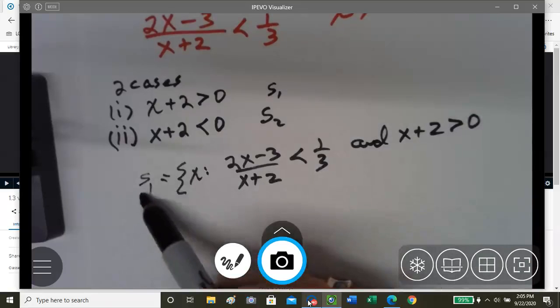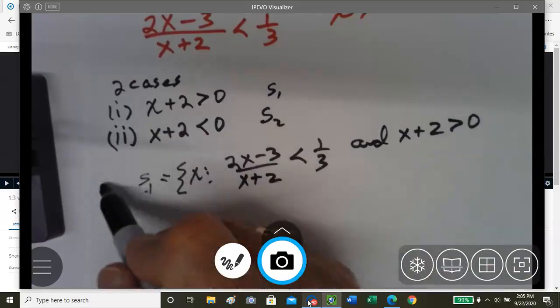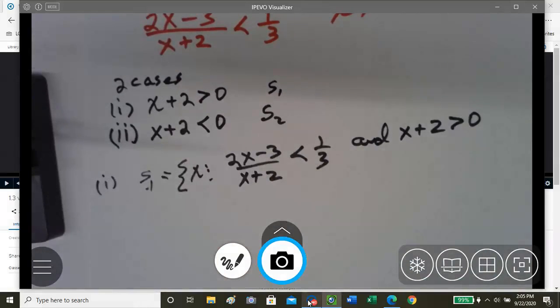So we're just going to go ahead and do that first. All right, then we'll do cases. So this is case 1. And we'll write case 2 up there in a moment.